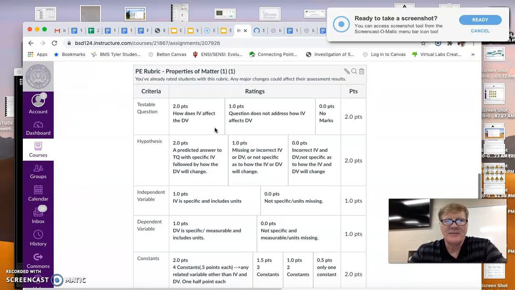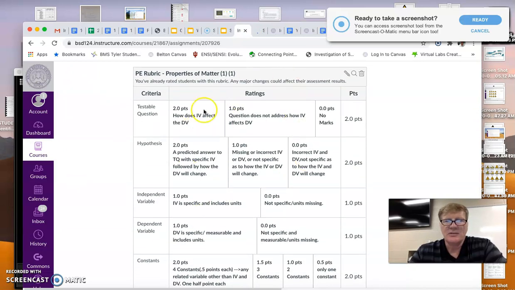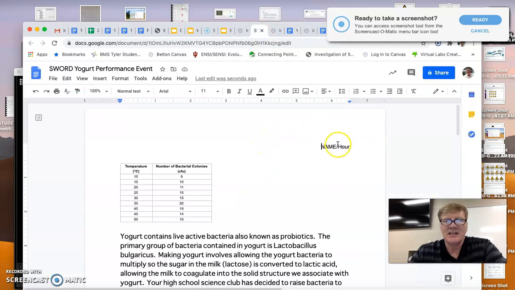So I'm going to have the actual scoring rubric in one tab and my test in another tab. I'm going to put my name and hour. Let's say I was in hour 2.